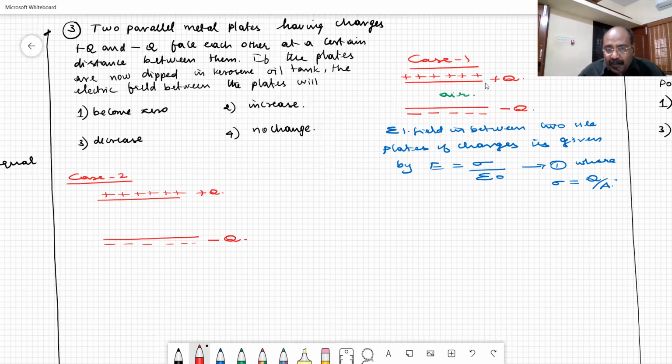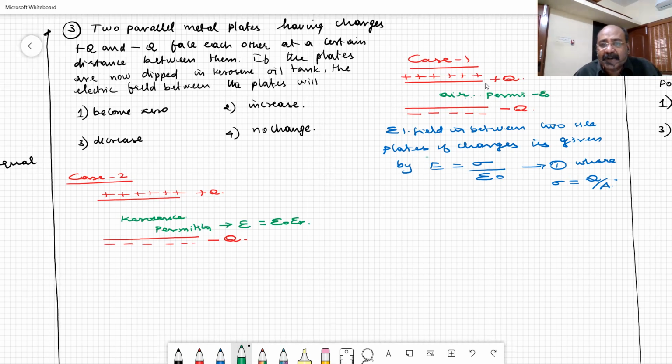So in between the two plates, the medium is replaced from air to kerosene. When you replace the medium from air to kerosene, the permittivity becomes altered. The permittivity of kerosene, let us consider it as epsilon, can be written as epsilon 0 into epsilon r. Here it is air.